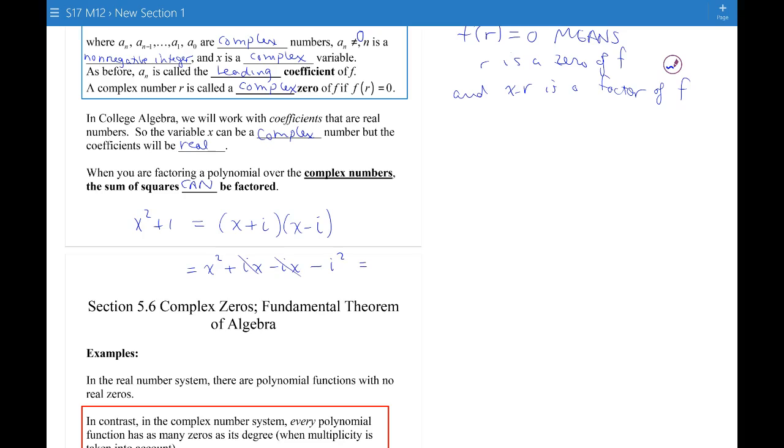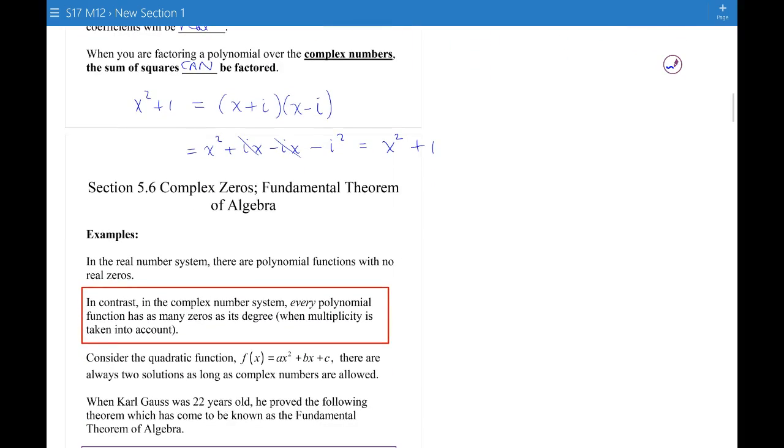So these will cancel. But i squared is -1, so minus a -1 comes out to x squared plus 1. So when we're allowing complex numbers into the game, the sum of squares can be factored. All these ones we did before, like x squared plus 4, you get (x plus 2i)(x minus 2i), and it can be factored.